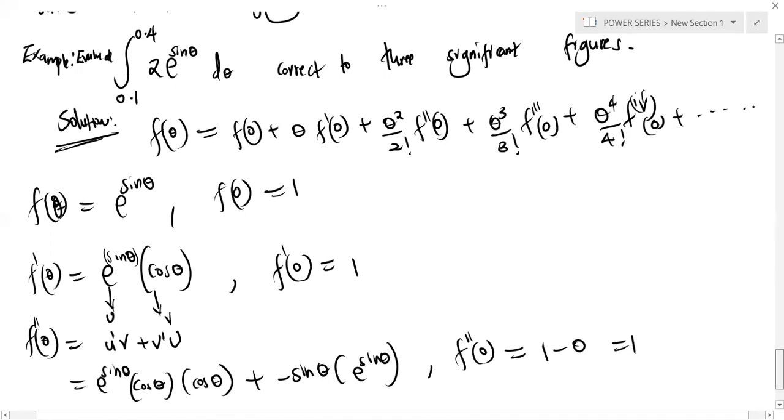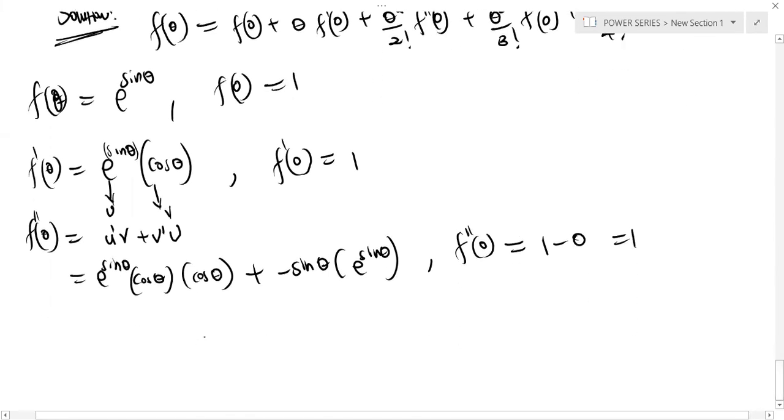Okay, fine. What is our f third prime of theta? So we want to now differentiate this function. Now I want to simplify it first. Exponential is common on both terms, so I can take the exponential outside. Here I will remain with cos squared theta, minus, on this other side, I will remain with sine theta.